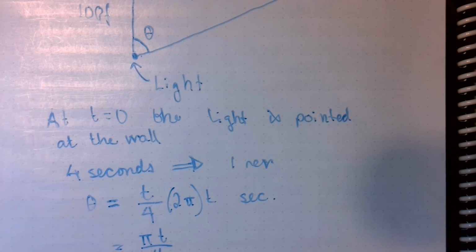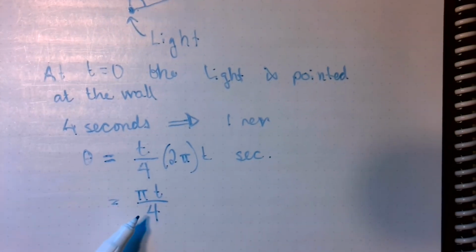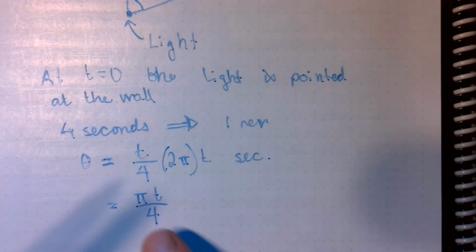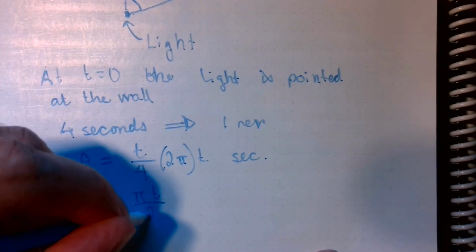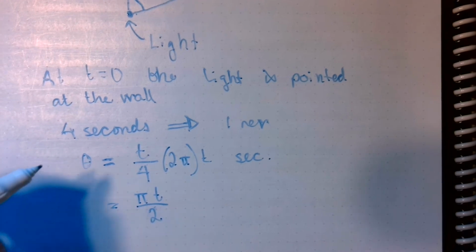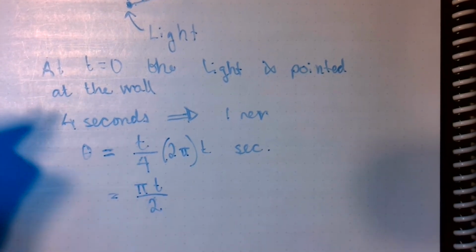Okay, so that is the angle that we've gone through. Oops, sorry, the 2 would cancel right there. So it'd be pi times t over 2. So that's my angle theta.